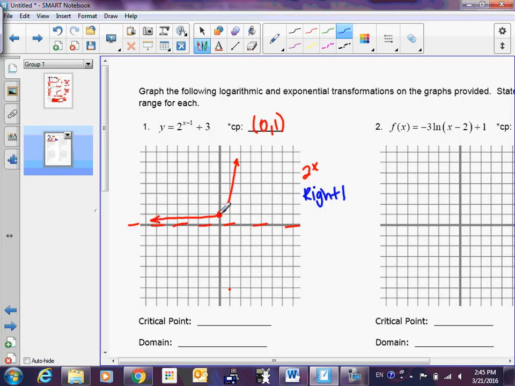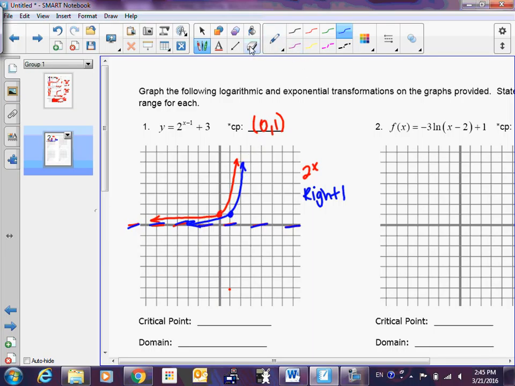So if I move that point to the right 1, now it's right here. What if I moved the horizontal asymptote to the right 1? That's not really going to change. If you move a horizontal line to the right, it stays the same. So look what I have now.